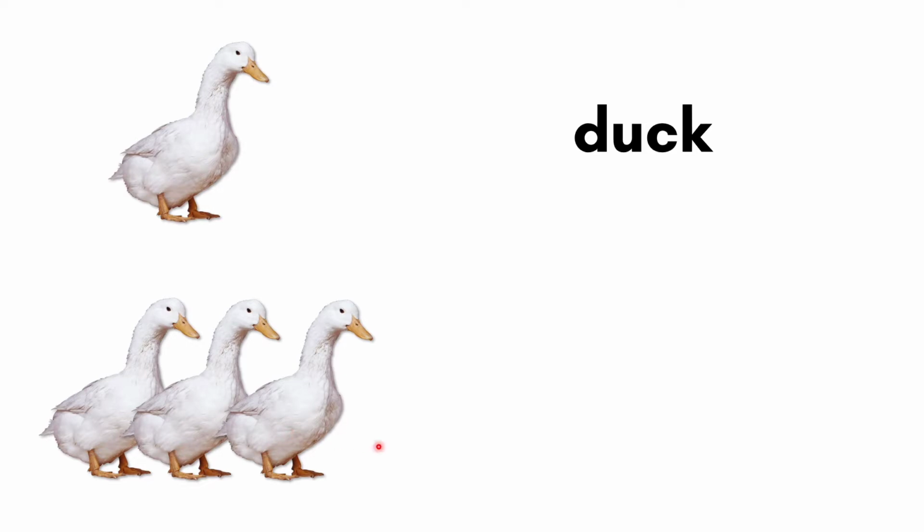That means it is more than one. When we have more than one animal, we can add an S at the end of the word. Now, we call it ducks.